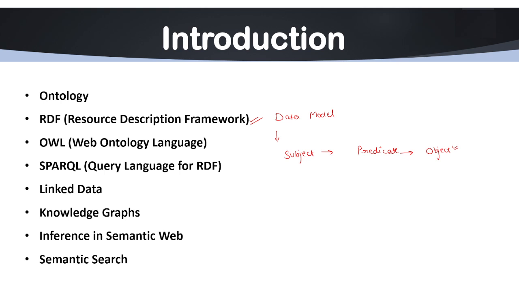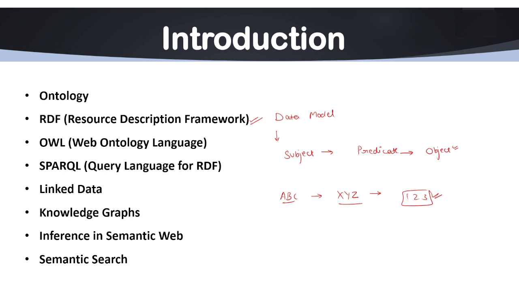So RDF is a data model for representing information in triples: subject, predicate, and object. For example, we have a company, let's say ABC. It is founded by a person named XYZ. And under XYZ, founder, we have 1, 2, 3 named employees. So it always focuses on triples information.